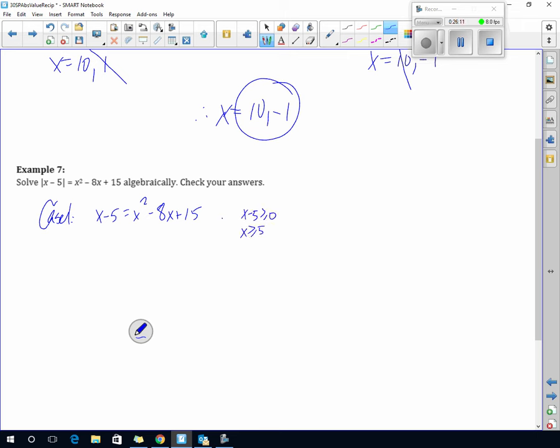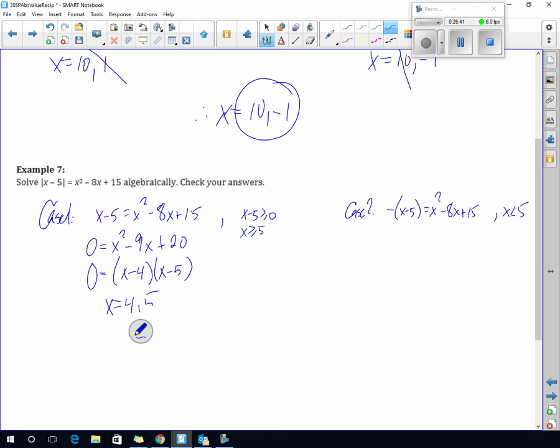And that's when x is less than 5. 0 equals x squared minus 9x plus 20. Oh, this factors beautifully. So x equals 4 and 5. Am I going to reject any? Yep, I'm going to reject the 4. It has to be greater than or equal to 5, right?